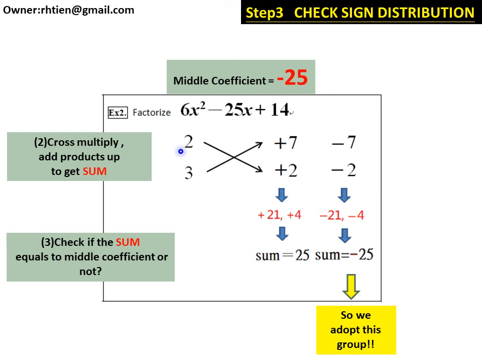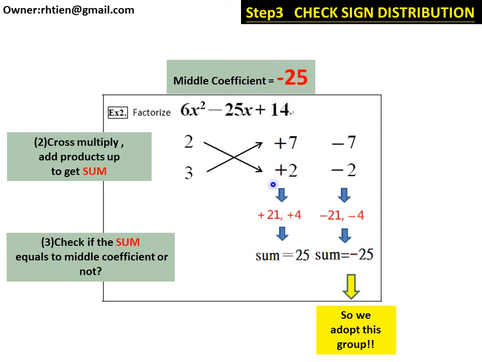Again, we cross multiply and add the products up to get the sum. 2 times positive 2, we get positive 4. 3 times positive 7, we get positive 21. Their sum is 25, but the middle coefficient here is negative 25.